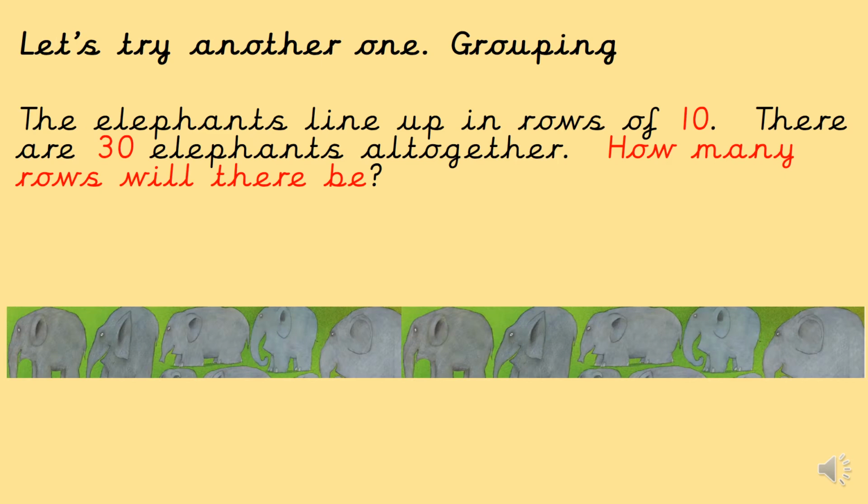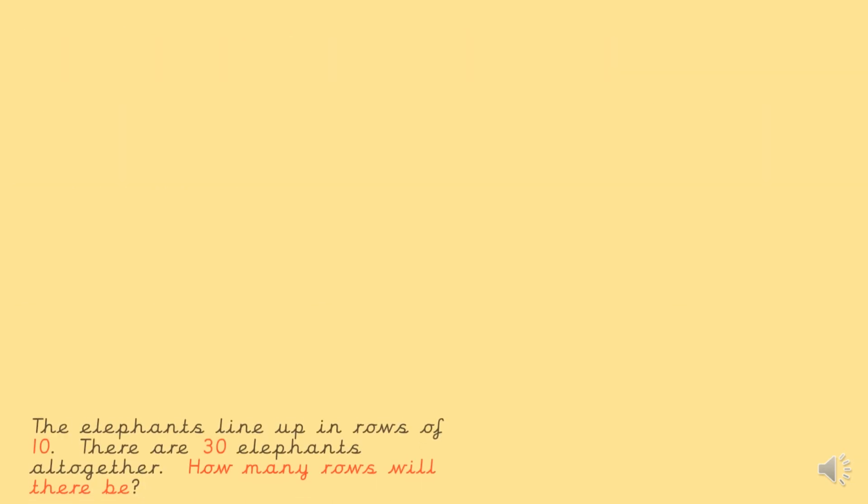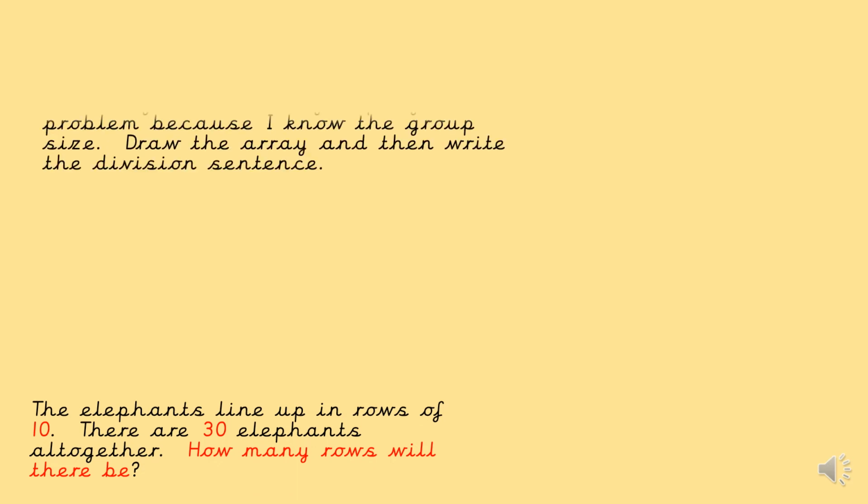Let's try another one. This time it's a grouping one. The elephants line up in rows of 10. There are 30 elephants all together. How many rows will there be? So this one is a grouping one, and we know the size of the group.